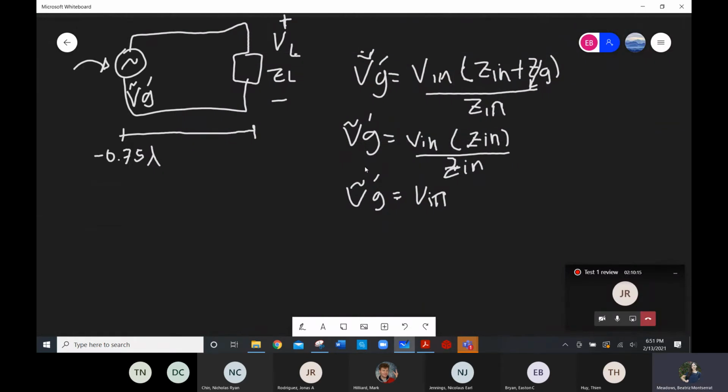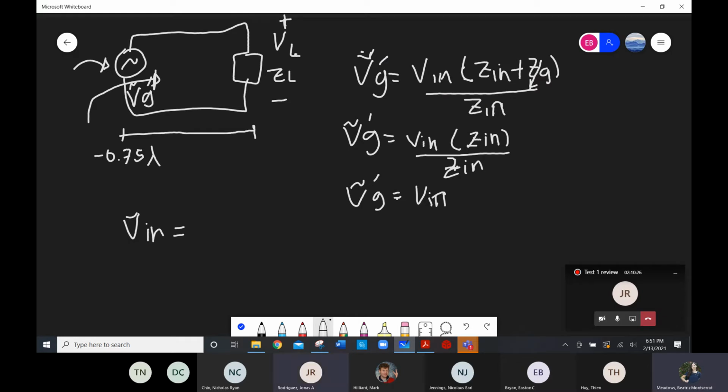So how do we find V in? What is the equation for V in? It's the voltage we see over here. Or V in is also the voltage at which location?